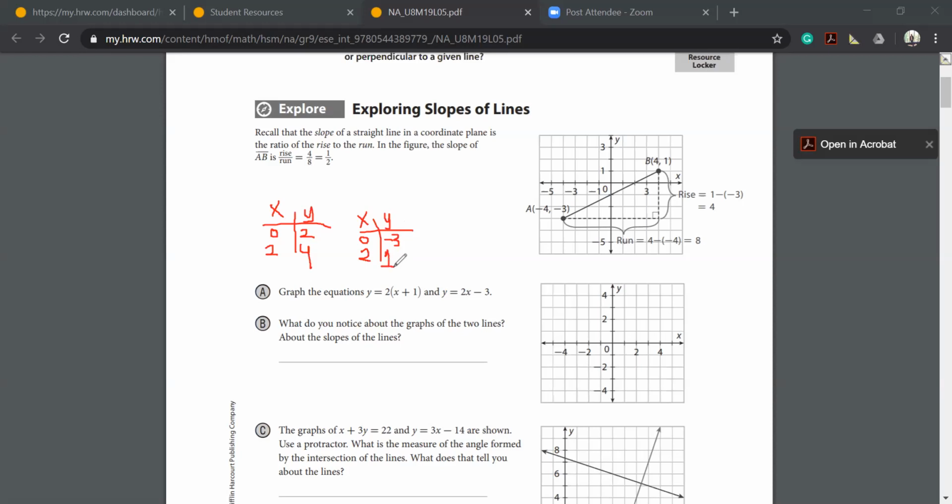And then let's put the points. 0 and 2 will be up here. 1 and 4 will be in here. And then what should I do with this? I should draw the line.